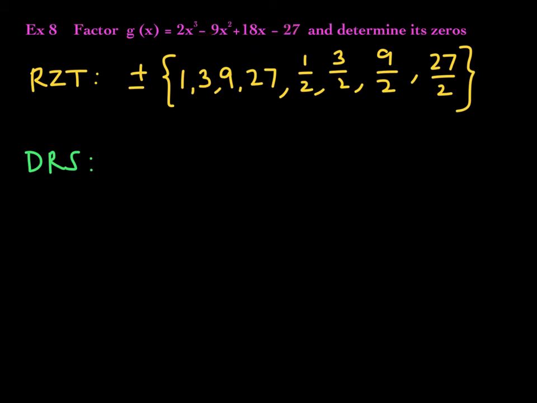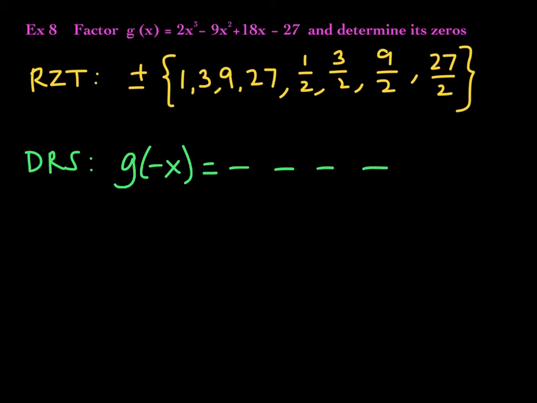What that leads me to inspect is g of negative x, which will tell me how many negative real zeros I have. Now, when I consider g of negative x, the first term is negative, the next term stays negative, the third term becomes negative, and the last term is always negative.